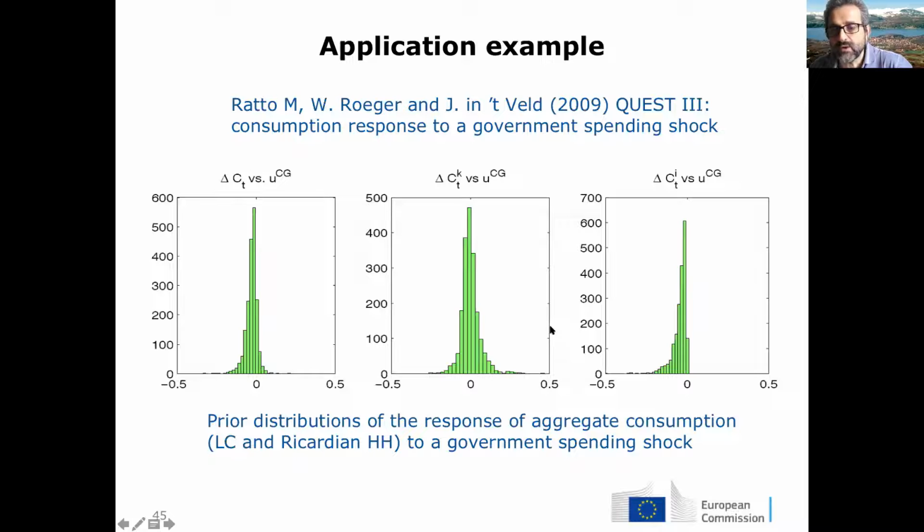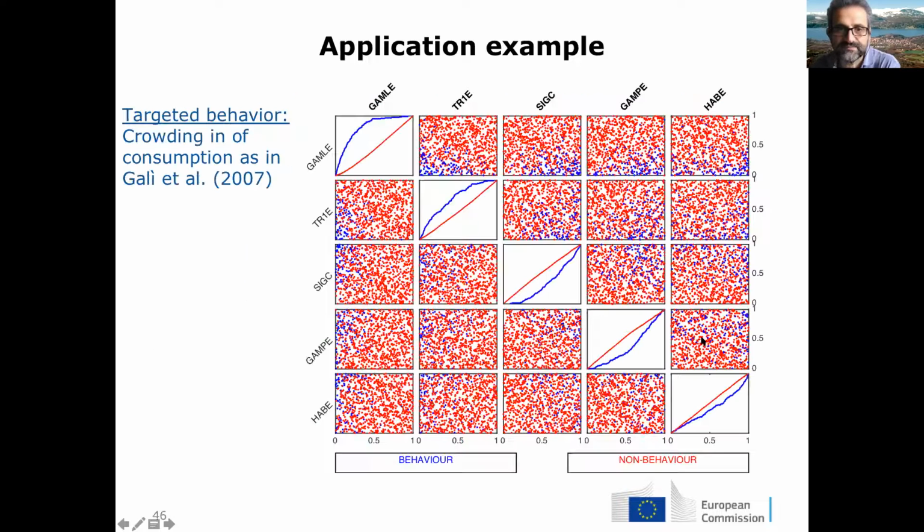If we go to the two individual households, for the rule of thumb consumers the prior distribution is not systematically positive, it is kind of half and half. There can still be crowding out for the rule of thumb consumers, whereas the Ricardians usually always crowd out after this kind of shock.